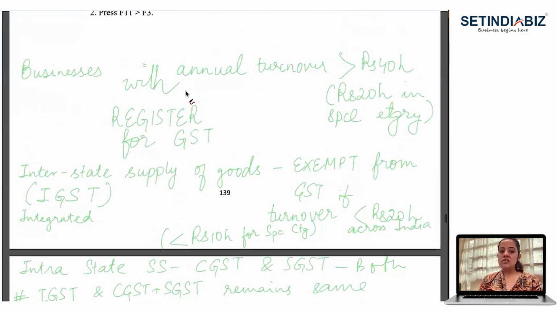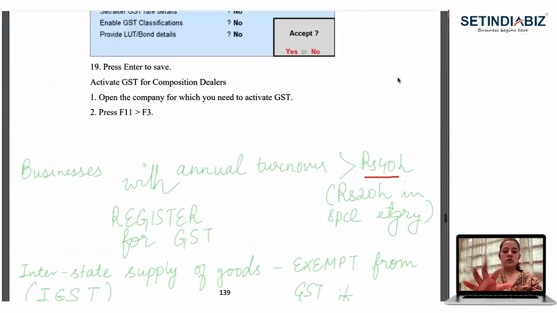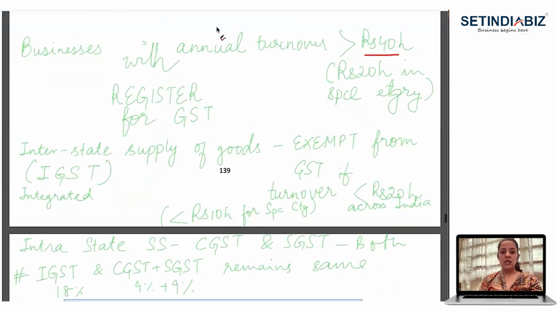So now businesses with annual turnover over rupees 40 lakh and 20 lakh in special category are required to register for GST, and this is what we call threshold limit. Although we roughly provided 50,000, this is what we are talking about as threshold limit, right? So we have to take this GST number when our business has a turnover of more than 40 lakhs and 20 lakhs for specific categories.